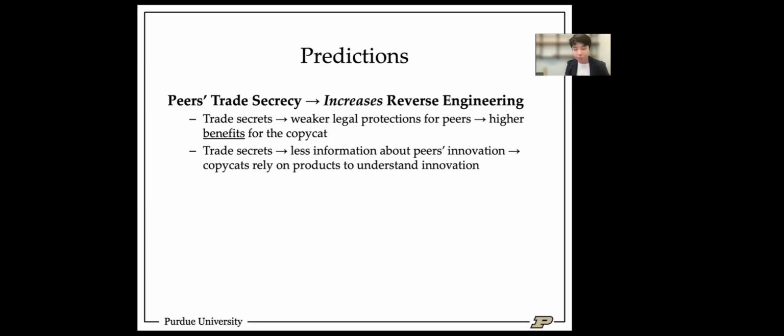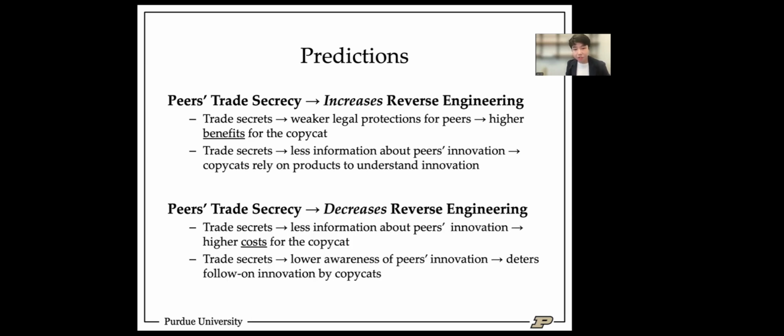engineer peer products. At the same time, we also think that trade secrecy would potentially negatively affect reverse engineering. And why is that? Because if companies are engaging in trade secrecy, this also potentially means there's less information about those companies' innovations, which implies that there are much higher costs for the copycat to engage in this type of behavior.